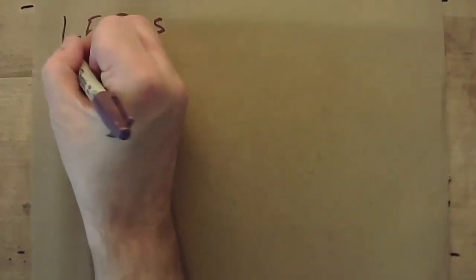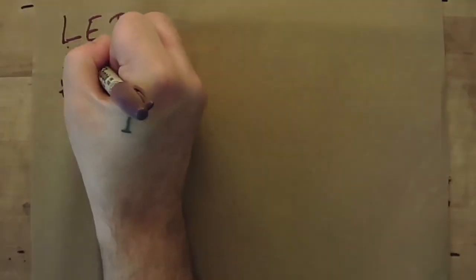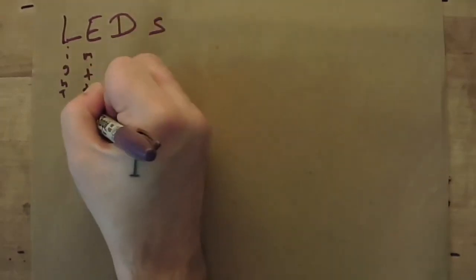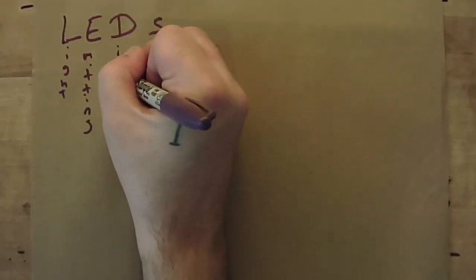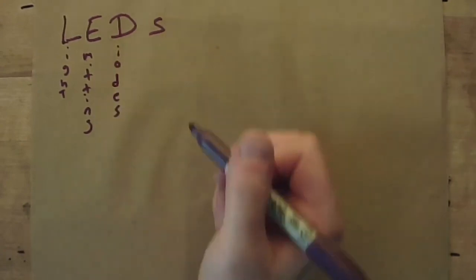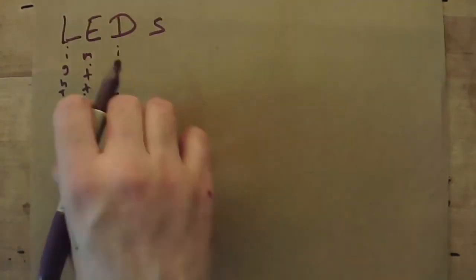So LEDs are light emitting diodes. And so y'all have probably seen LEDs. Like I don't know if any of you are sitting in a room that's lined with LED strips right now, flashing rainbow colors, or if you have a gaming rig that has backlights on the monitor or whatever, or if you've seen that on the internet.